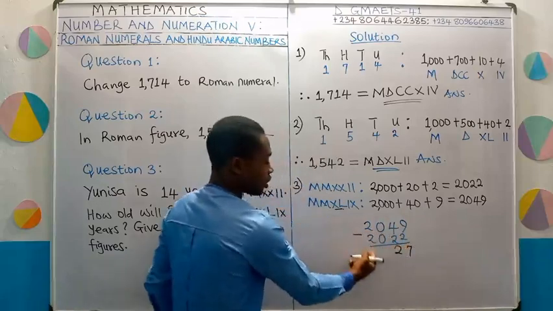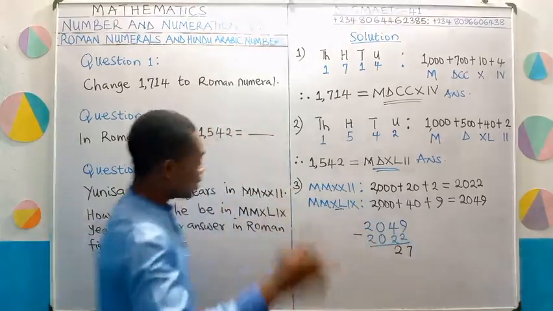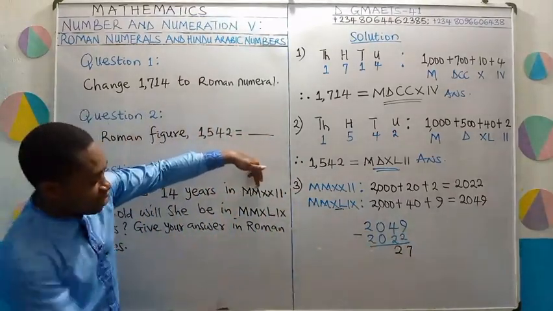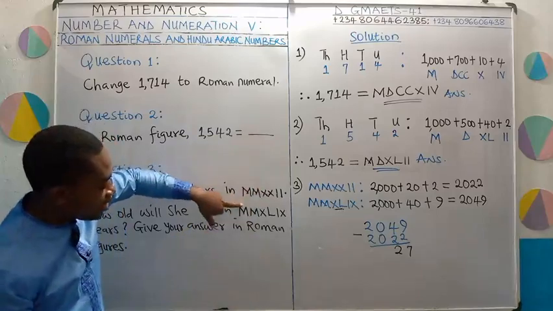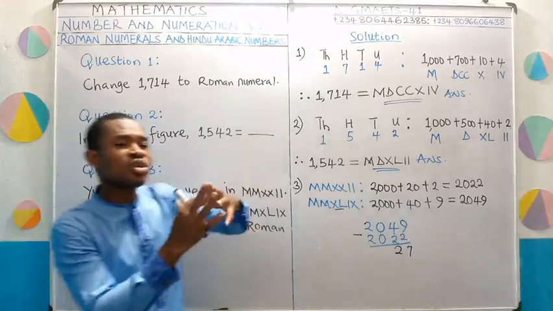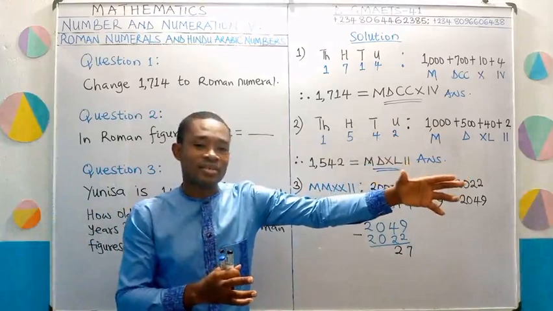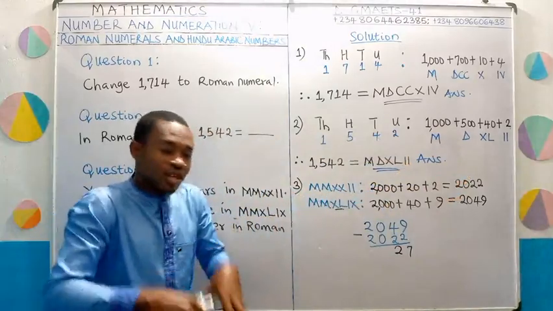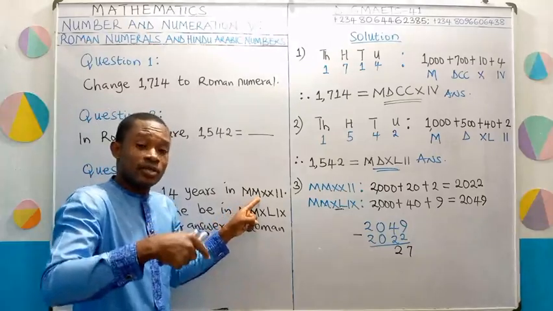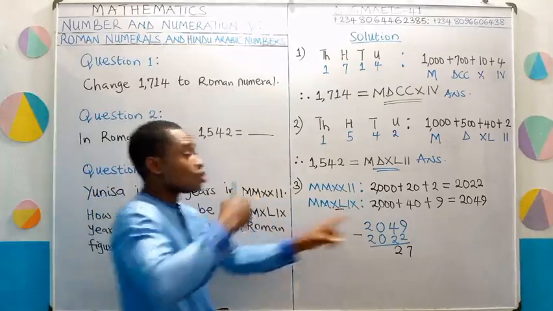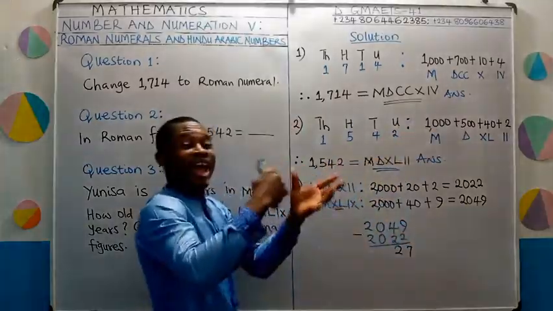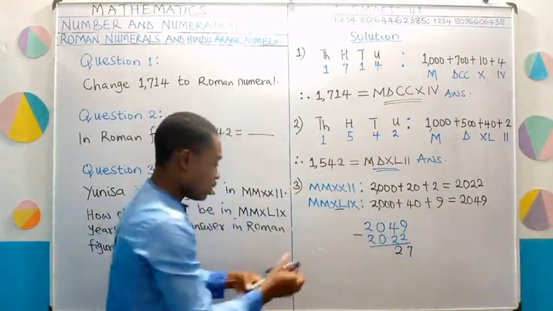This is 0, this is 0, okay? It simply means that from 2022 to 2049, it's going to take us 27 years. So if in 2022, Unisa is 14 years, from 2022 to 2049, it will be plus 27 years.